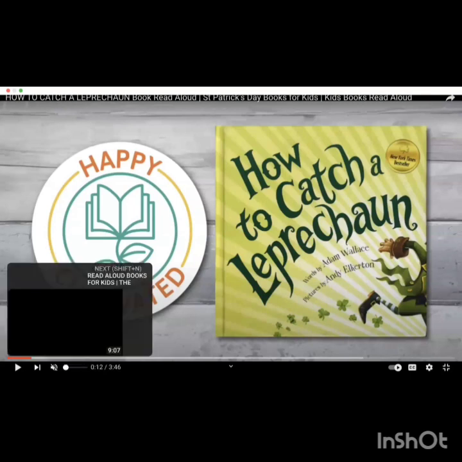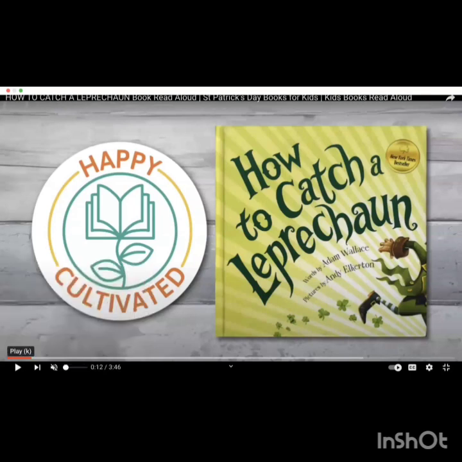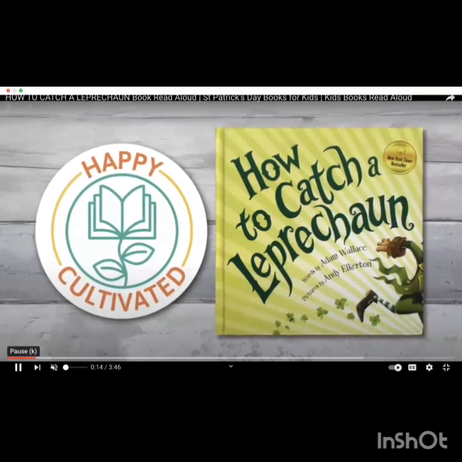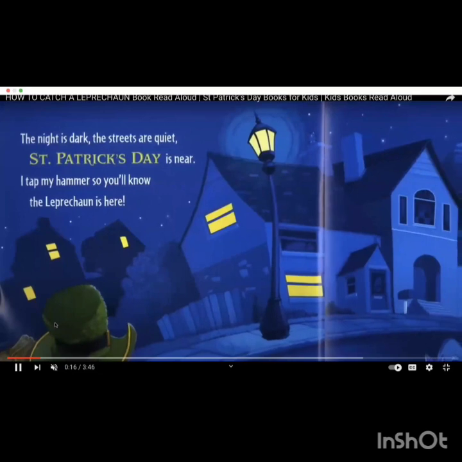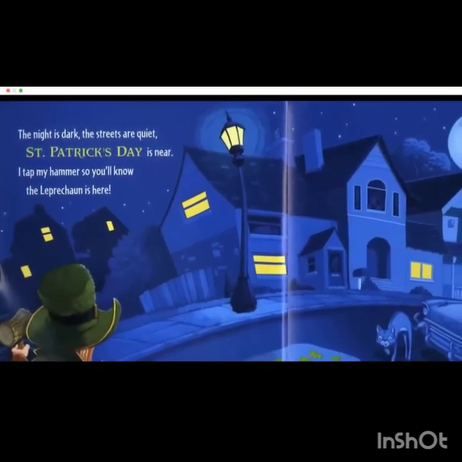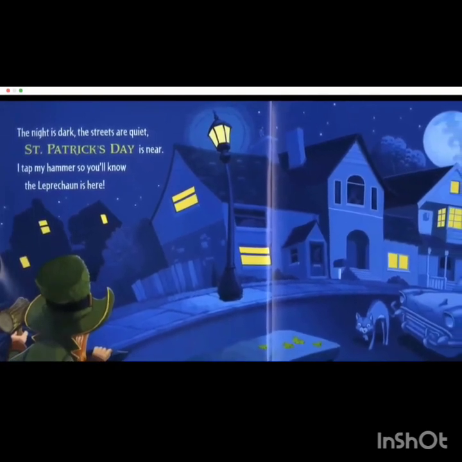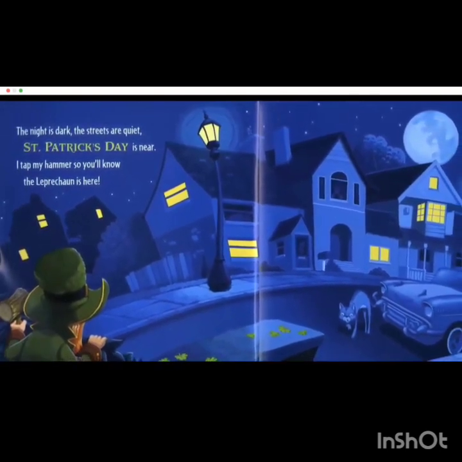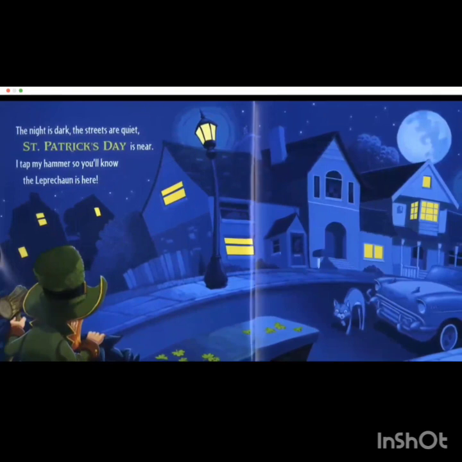How to Catch a Leprechaun. Words by Adam Wallace. Pictures by Andy Elkerton. The night is dark. The streets are quiet. St. Patrick's Day is near. I tap my hammer so you'll all know the leprechaun is here.